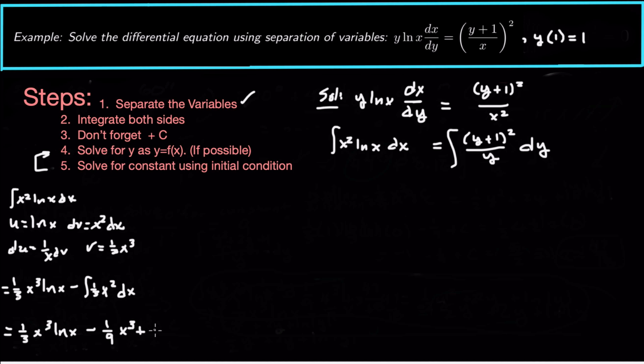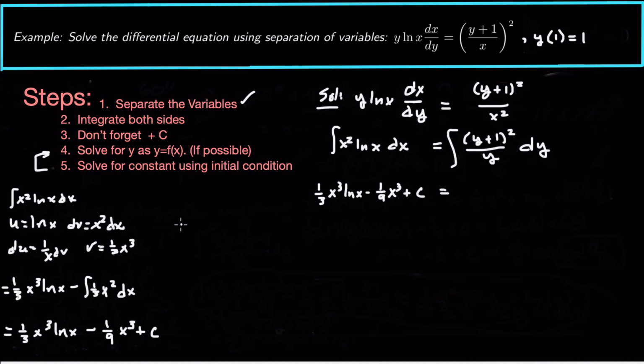And I'll stick my plus c right here with the x terms. So what I've got so far is 1/3 x cubed natural log x minus 1 over 9 x cubed plus c equals, and now I need to integrate the function on the right.